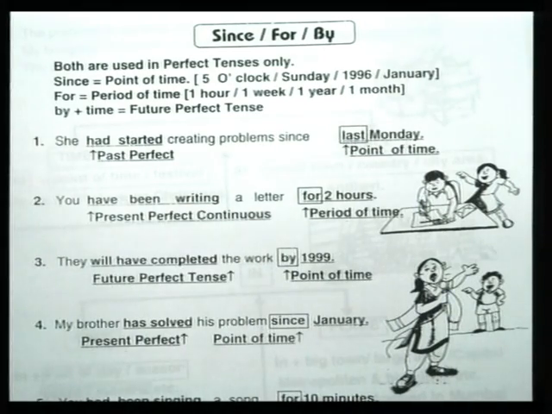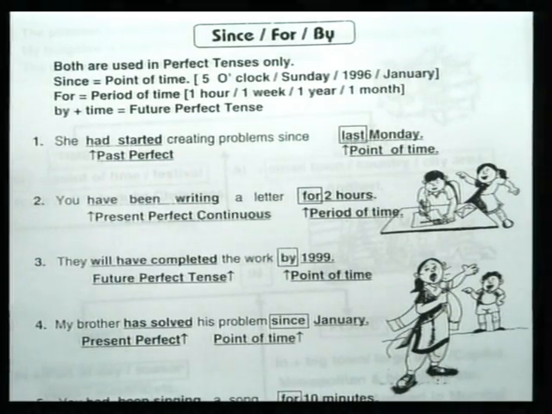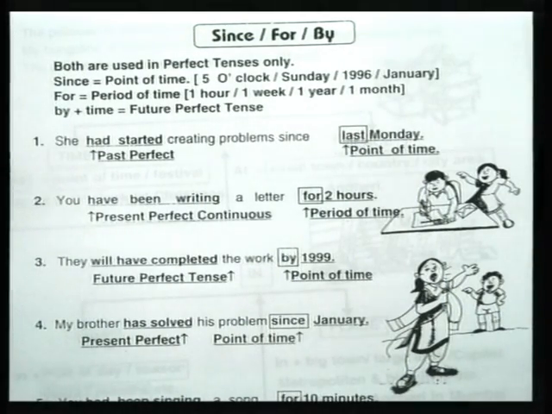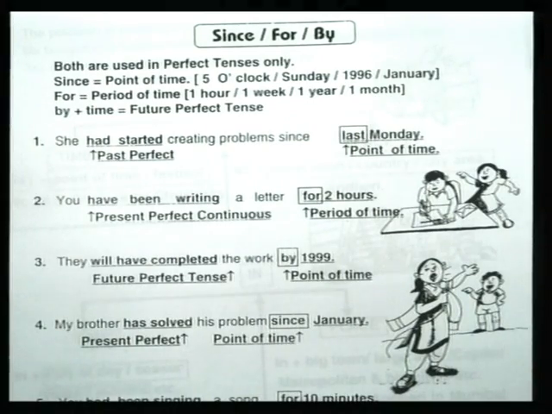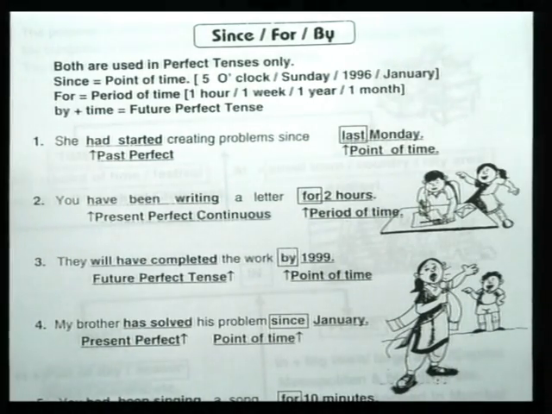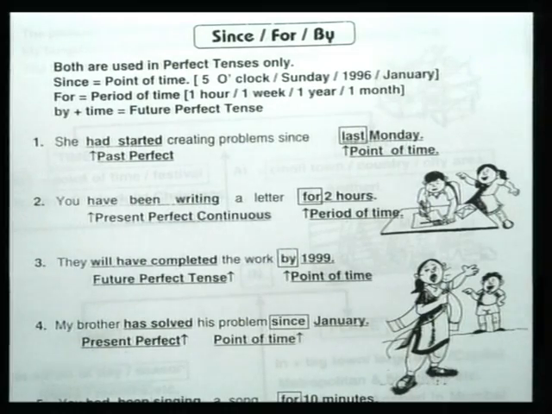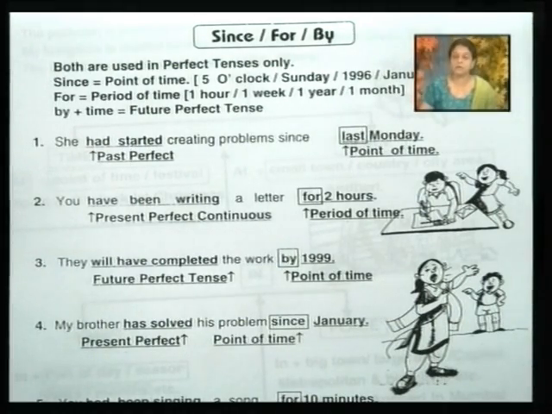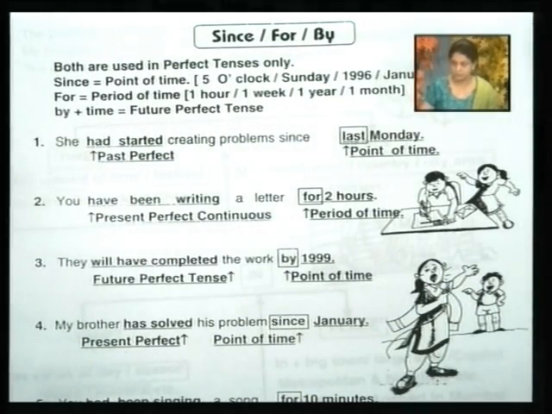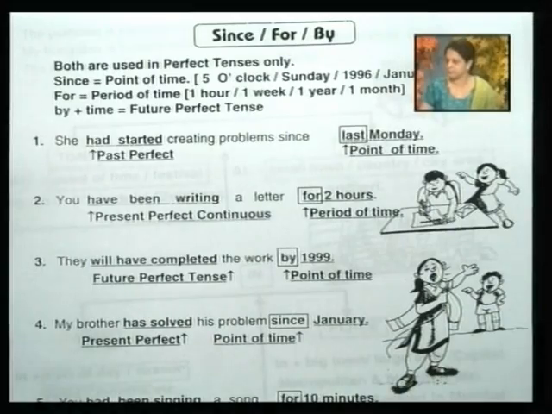For example, you have been writing a letter for 2 hours. That shows the perfect period of time. Since does not show you the perfect period. It only shows you the starting point. And for shows you the starting as well as the ending point.